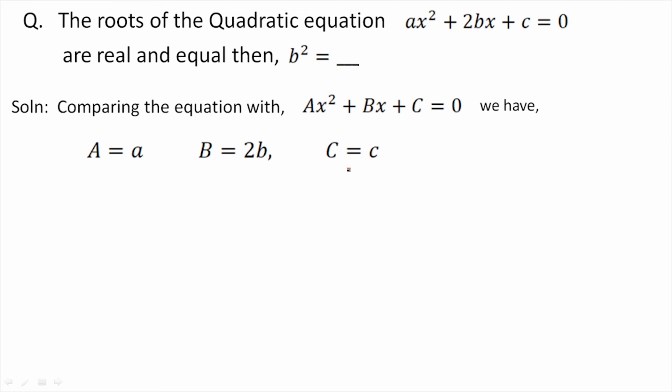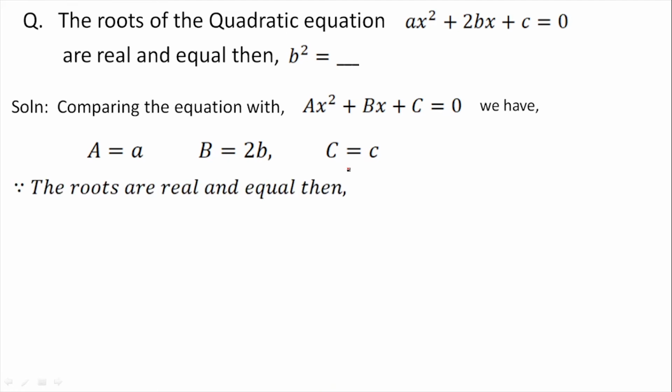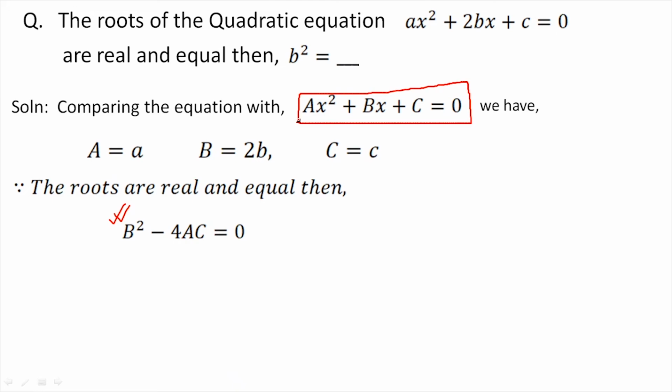Now since they are real and equal, what is the condition that we have? That B square minus 4AC equals 0. Again I am writing it in capital letters here because this equation is in standard form. This condition only applies to equations which are in standard form, not to those which are not. Since the original equation is not in standard form, we cannot apply the same condition there.